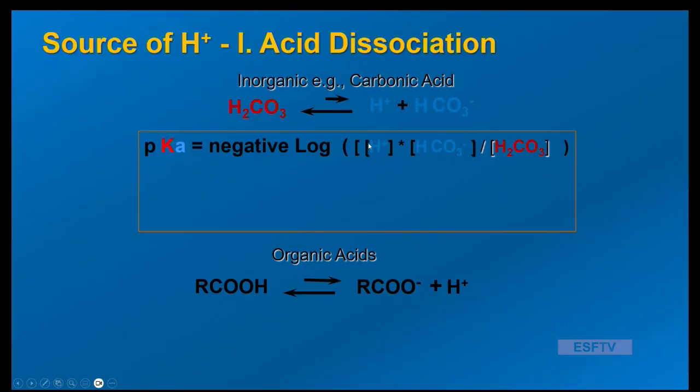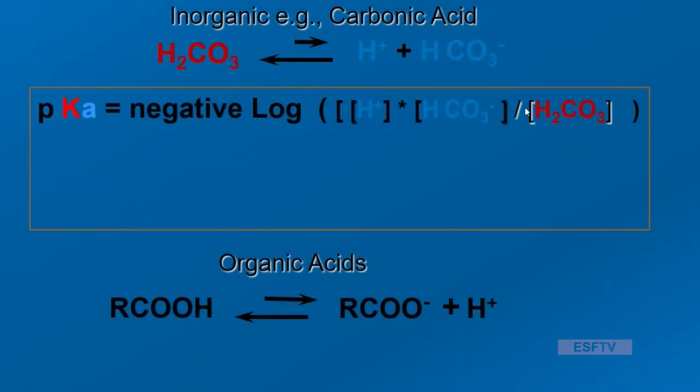So let's look at this. We have H plus a little bit, and we have the balancing anion, bicarbonate, and we have a whole bunch that is not dissociated. As more and more dissociates, this dissociation constant gets bigger and bigger. But since we're dealing with logs, the numbers change accordingly.